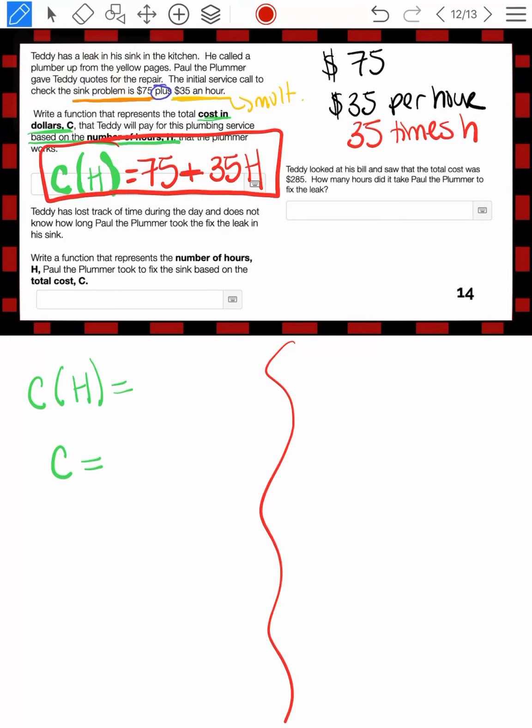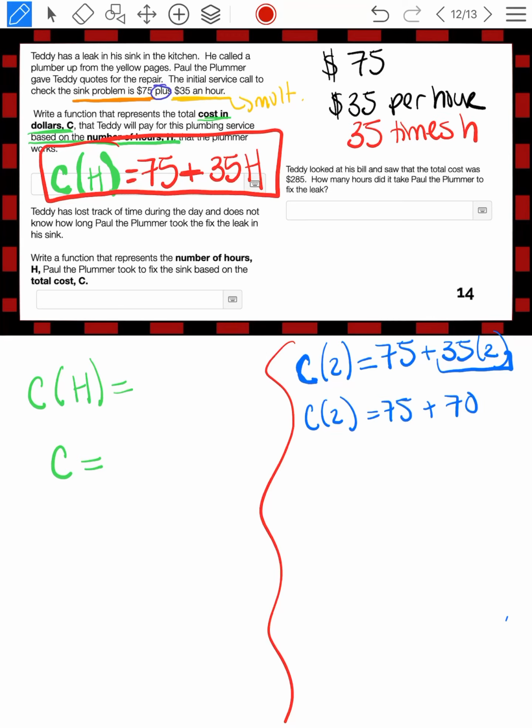So just to take a tangent to make sure we all know what that means, say the plumber's there for 2 hours, so we're trying to find the cost for 2 hours, it would equal 75 plus 35 times 2. And when we go to figure that out, multiplication comes before addition, so we would do 35 times 2 first, which is 70, and then 75 plus 70 is 145.